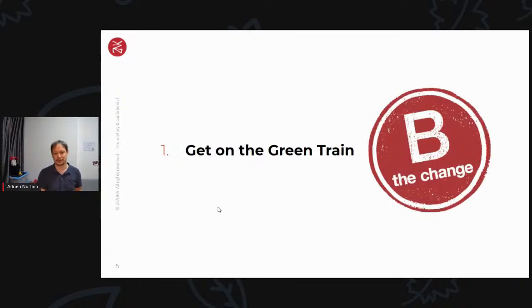And for that, we are going to get on the green train first. This first part will be held by Tim, if he can come back, because he just got disconnected. That's the problem of live sessions. So for this first part, Tim is going to explain all the different things that we have to look at, why businesses want to be more sustainable, and also how we can get there.